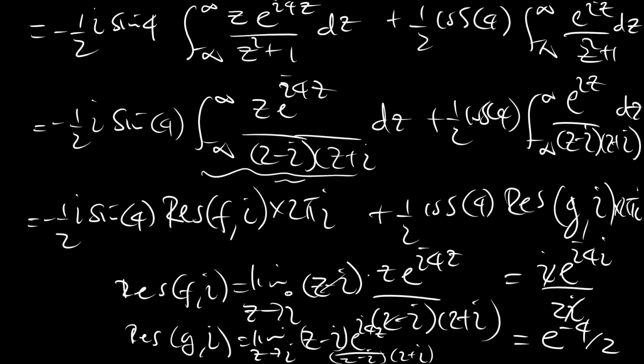We forgot that. So this here is the same as e to the power negative 4 over 2i.